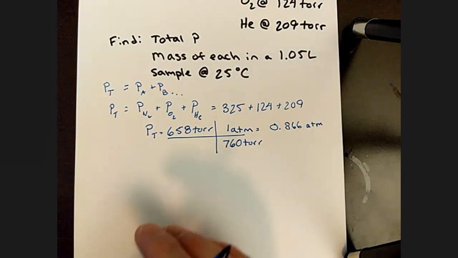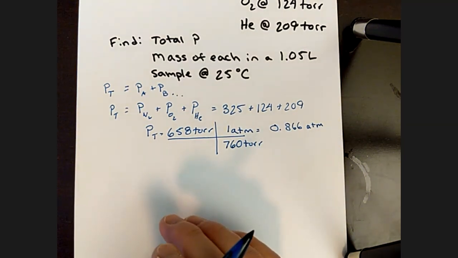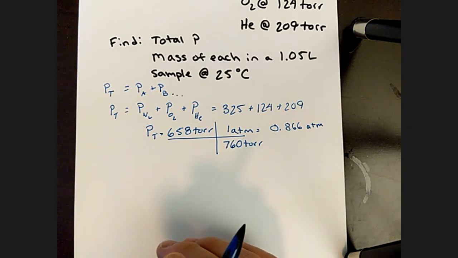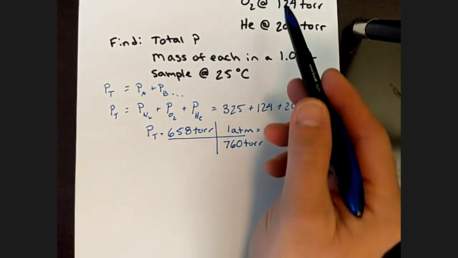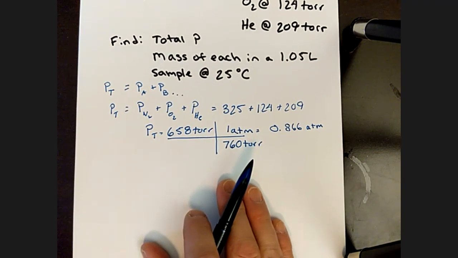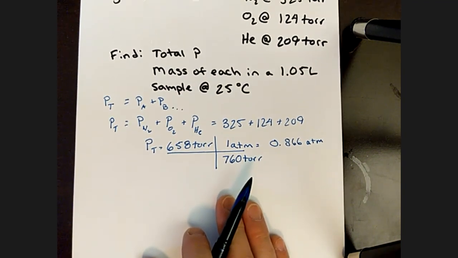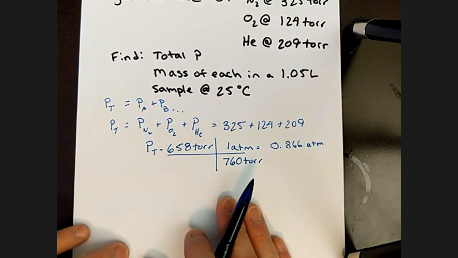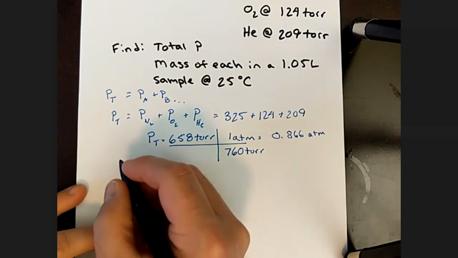Now, we have the partial pressure values given of each one of these. So there is a separate kind of relationship that we can look at for the next part here. This is often seen.